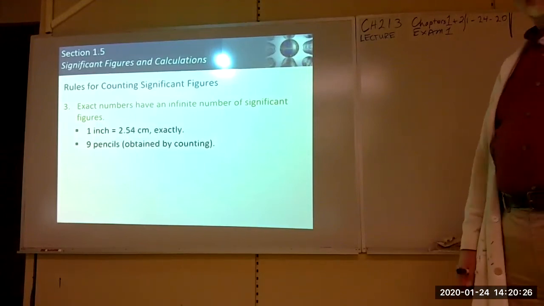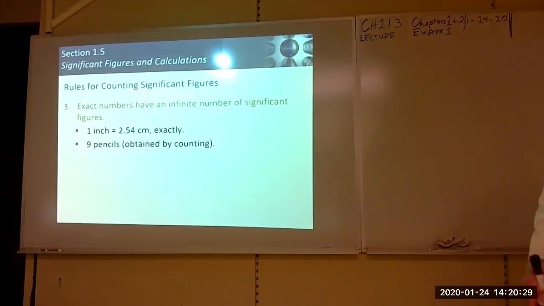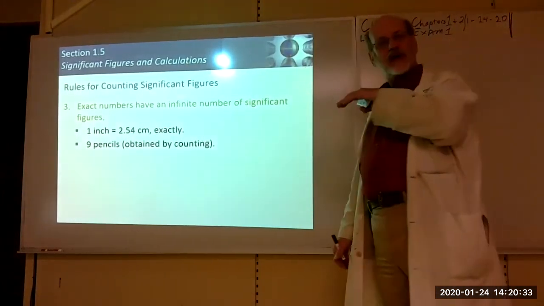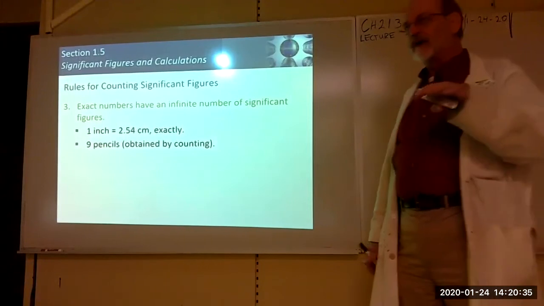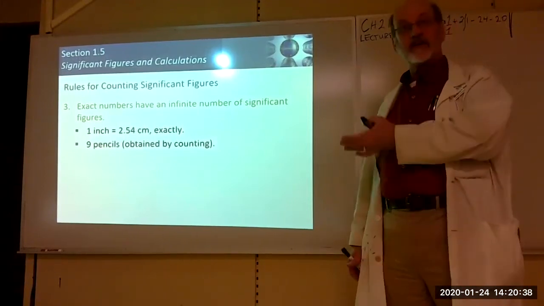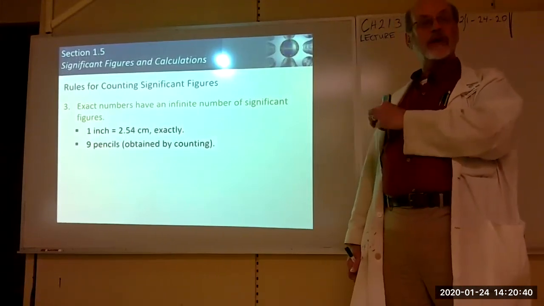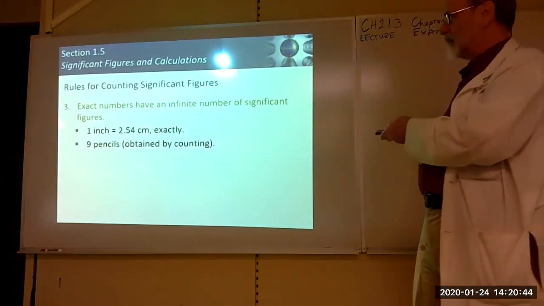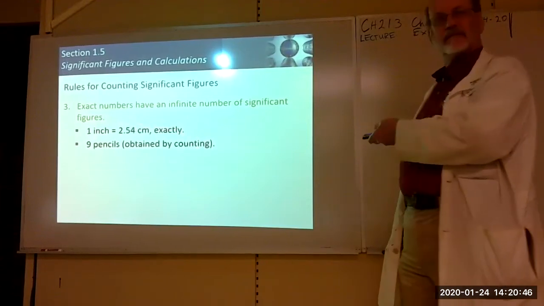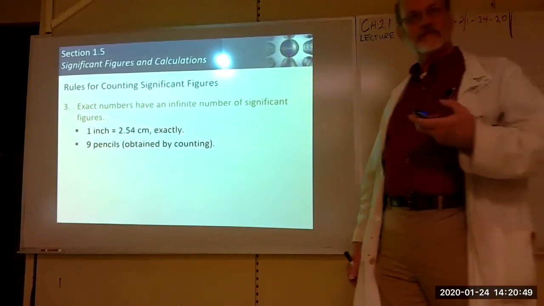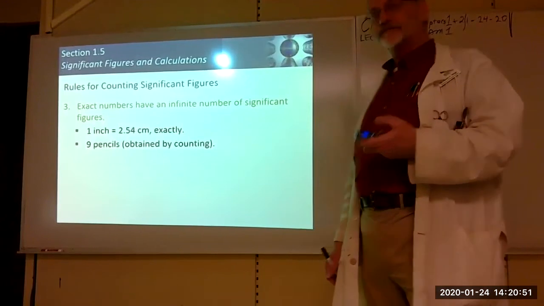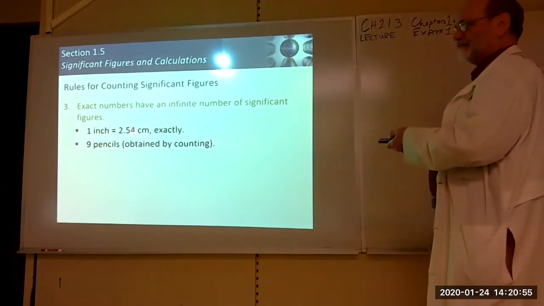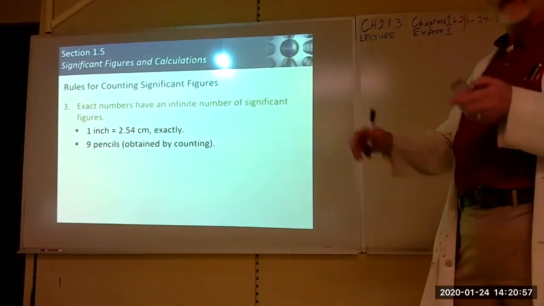In other words, and it'll become obvious in a minute, when you use any exact number in a calculation, you don't have to worry about how many significant figures it has when you're trying to determine how many are in your answer. These exact numbers, they just don't enter into the restriction of significant figures in your answer. And they'll always be conversion factors. Right? We'll talk about conversion factors in a minute.